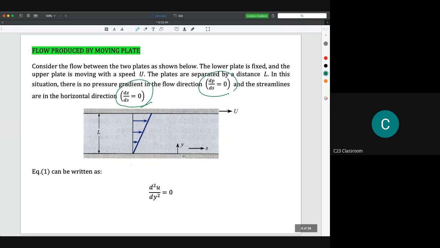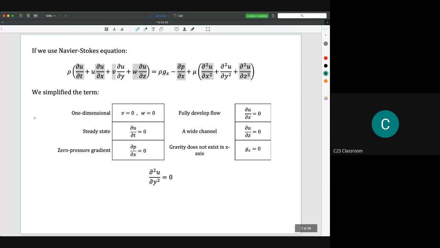Because of these assumptions, d²u/dy² is equal to 0. From this stage, you know what to do. We need to get the velocity distribution. Because we have the power of 2, the quadratic here, we need to integrate 2 times.